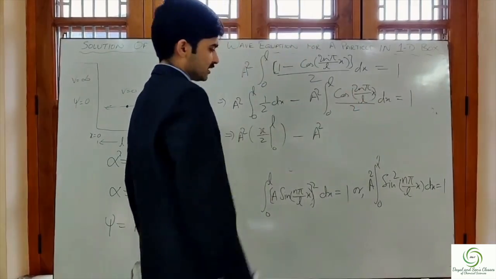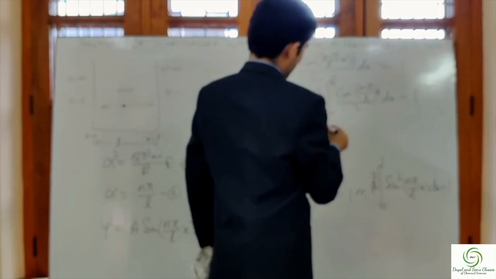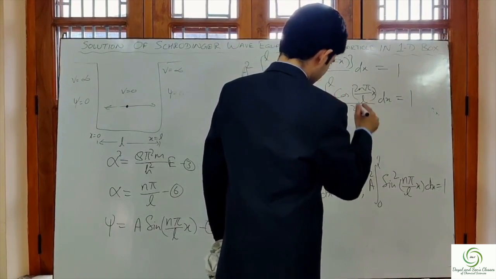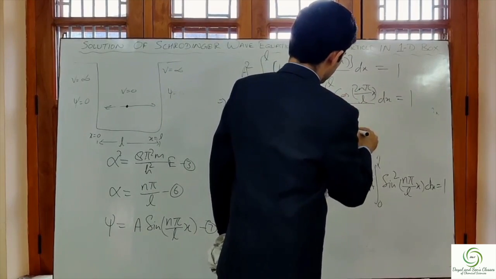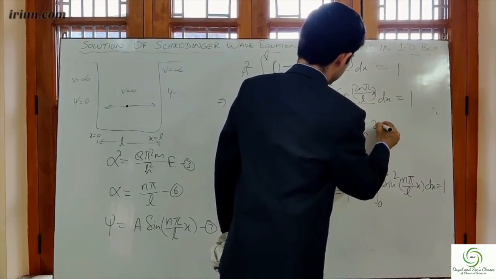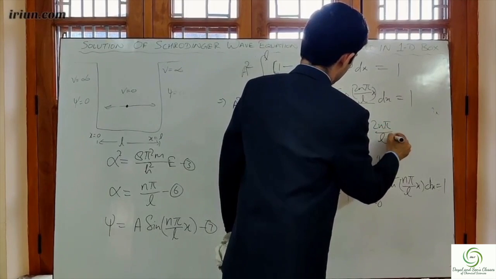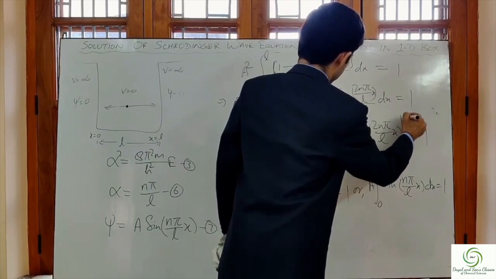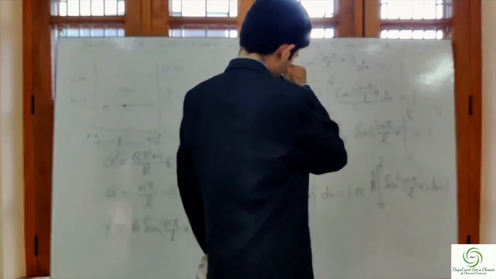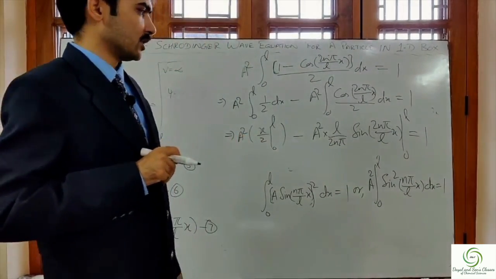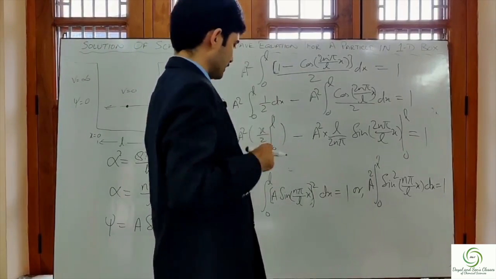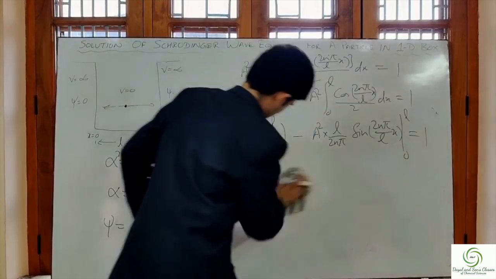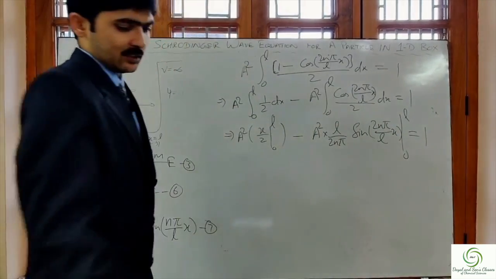This will give me sine multiplied by L upon 2 n pi, into cos will become sine 2 n pi by L x, is equal to 1, with limits 0 to L. I hope till now it's clear.